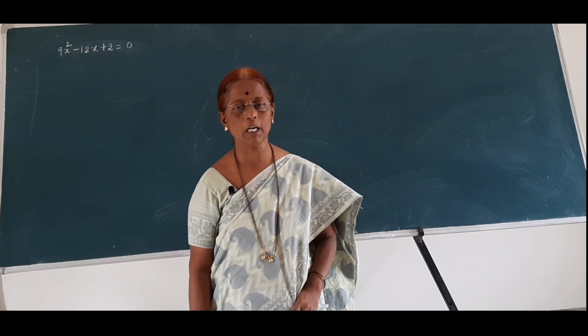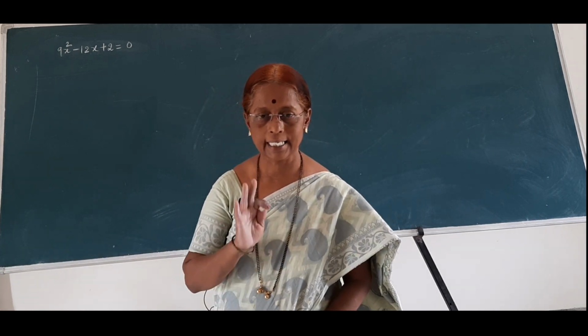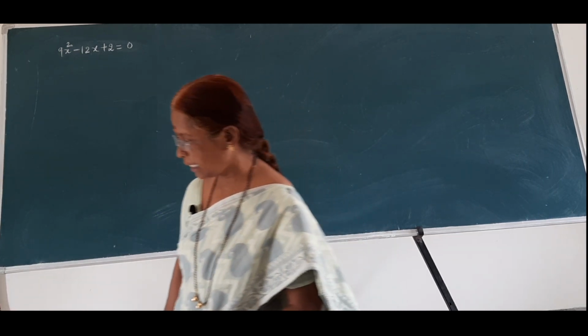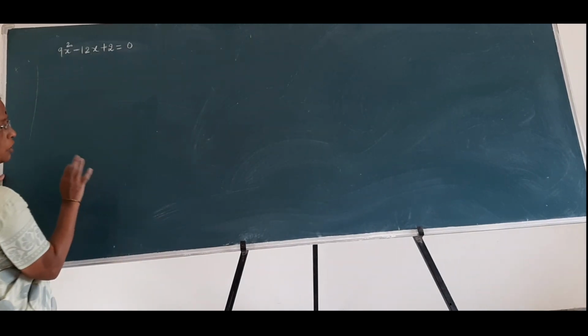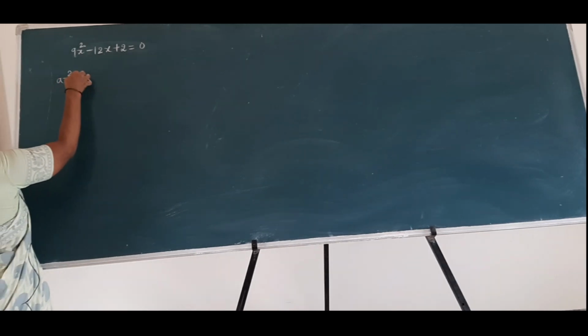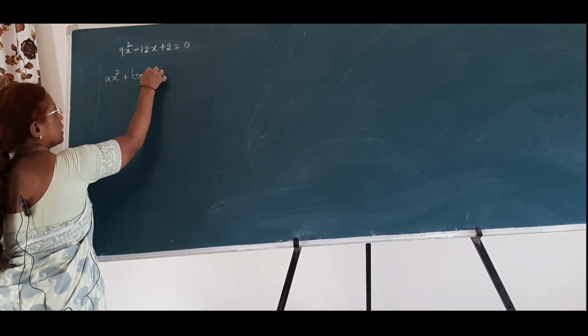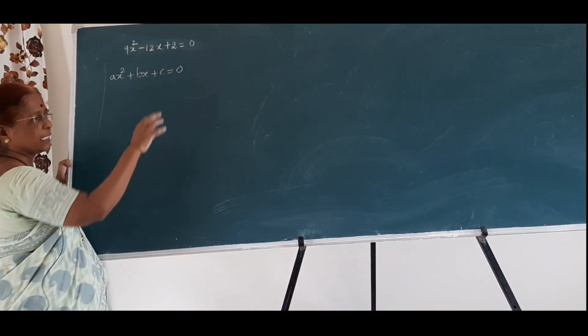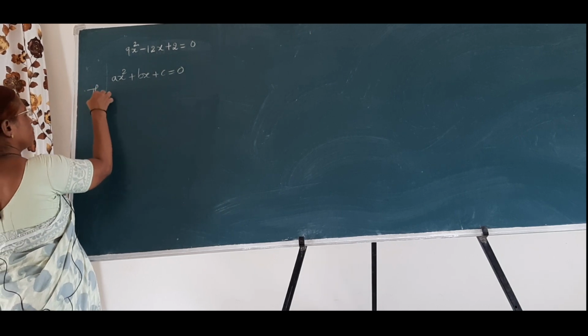Okay, so what formula do we have to use? In general, the quadratic equation we are going to consider is ax square plus bx plus c is equal to 0. This is the general quadratic equation.